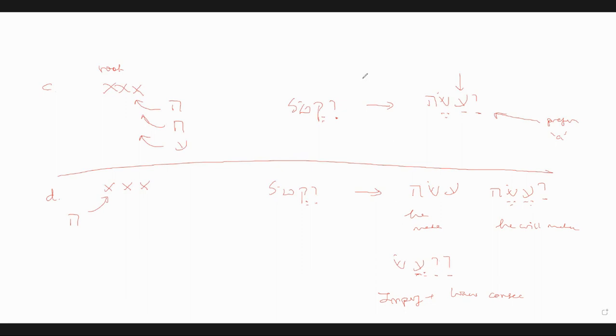So it is weak, so it actually drops away and it shortens. Okay, so if the root word ends in an H, then in waw consecutives, the H drops off. So here, if we do a waw consecutive, it becomes way.